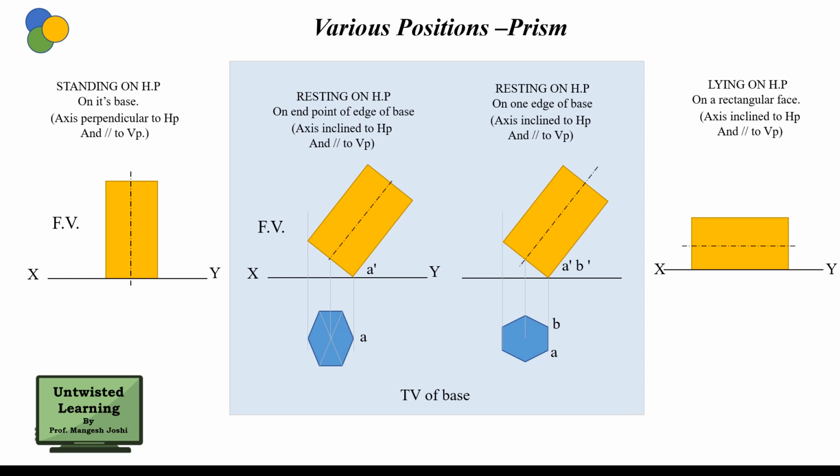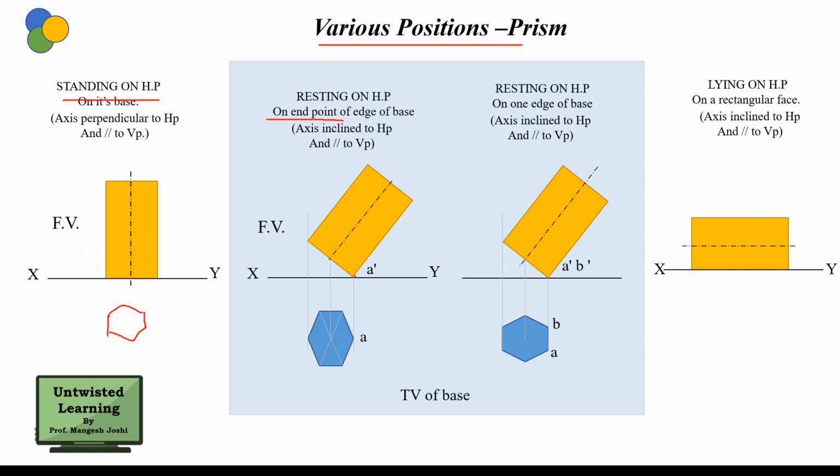Similarly, various positions of a prism. You can see a prism standing on HP on its base. So you may have something here in the top view. Next, one end point of edge of base is resting on HP.